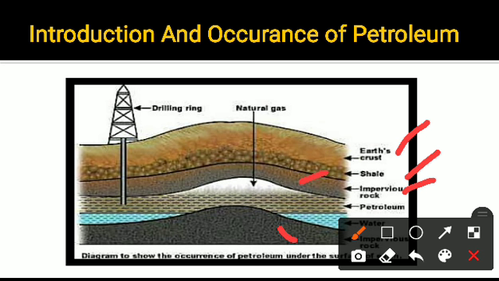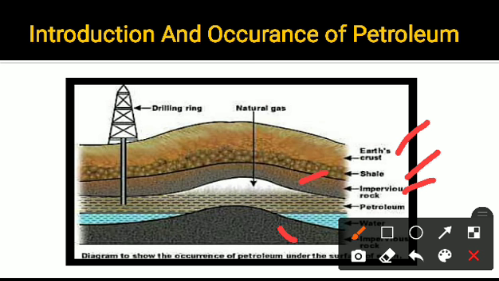Petroleum and natural gases are formed by anaerobic decomposition of remains of organisms, including phytoplankton and zooplankton, that settle to the sea or lake bottom in large quantity under anoxic condition.